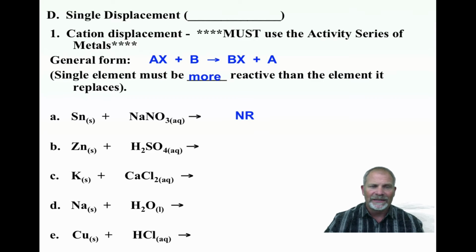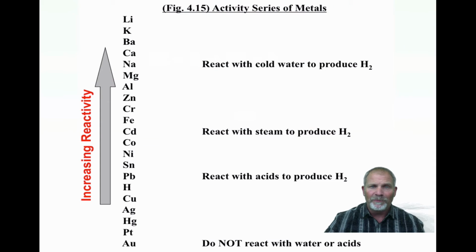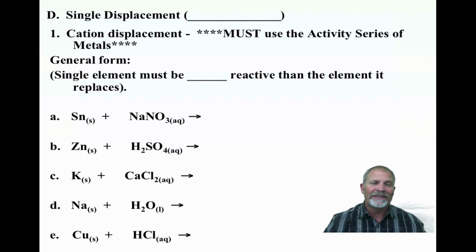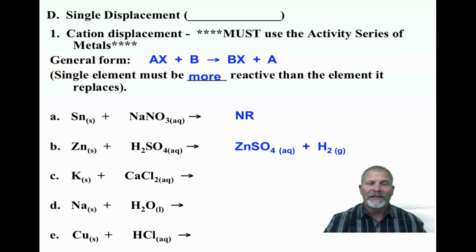Next, zinc. Zinc and the cation is hydrogen. So we go back to the table, we find zinc, and we find hydrogen. Now zinc is by itself, and it can kick off hydrogen because it's higher up on the metal activity series. I give you that series, by the way. So zinc kicks off hydrogen.